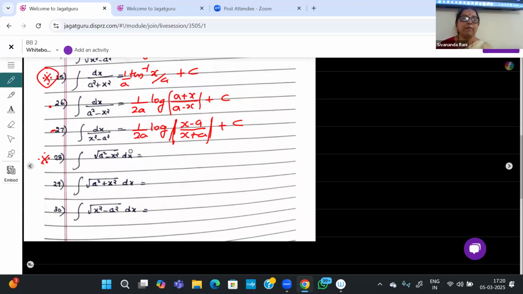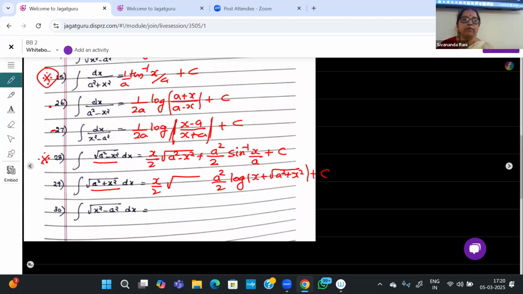And how about this? This has a pure quadratic, but in the numerator. So what we should do is write a square by 2 and write the result as if it were in the denominator. So a square by 2 sine inverse of x by a, and then x by 2 into the same integral, that is root of a square minus x square. Similarly here, a square by 2 into the result for this if it had been in the denominator, plus c, and here x by 2 root of a square plus x square.